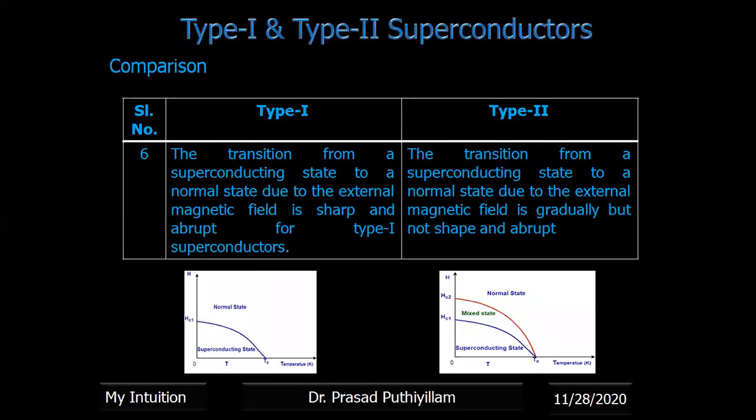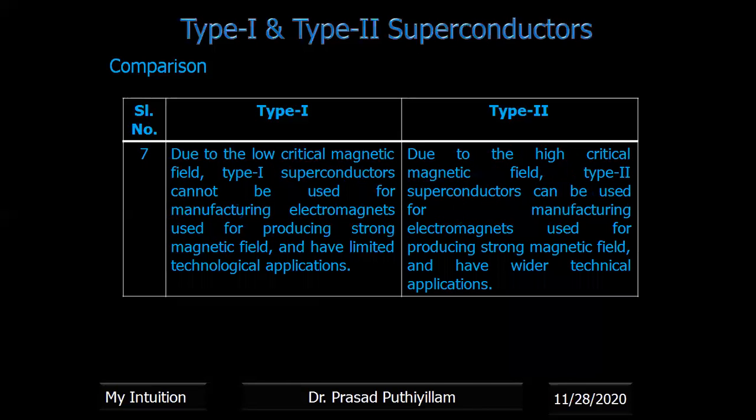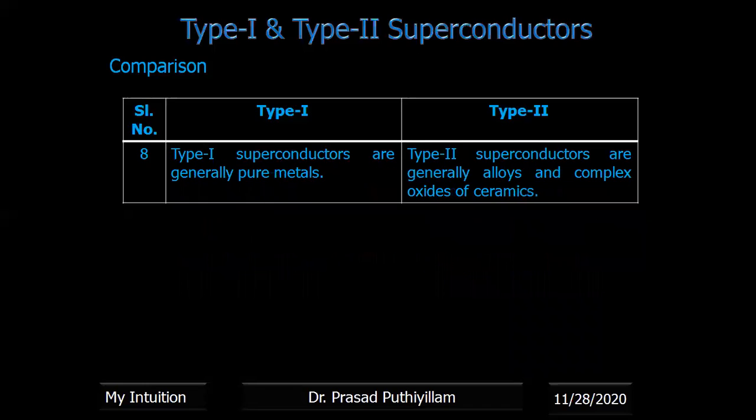In type 1, the transition from a superconducting state to a normal state due to the external magnetic field is sharp and abrupt, as represented in the graph, whereas in type 2 it is not that abrupt. Due to the low critical magnetic field, type 1 superconductors cannot be used for manufacturing electromagnets for producing strong magnetic fields and have limited technological application, whereas type 2 has much wider technological applications.